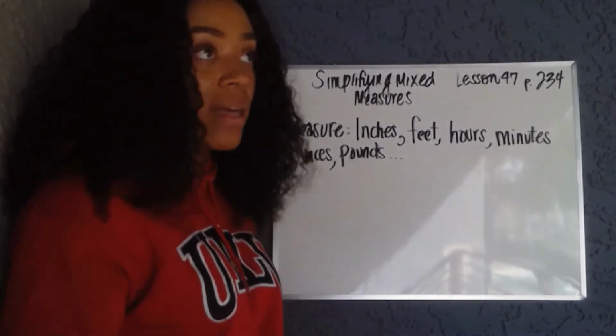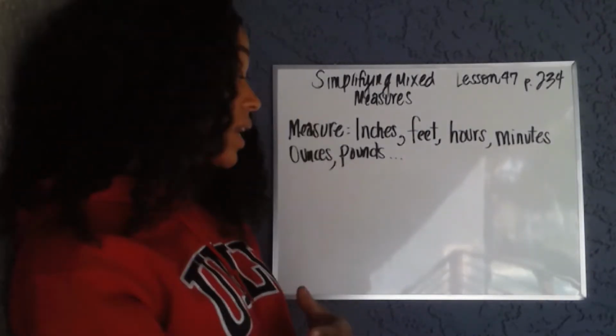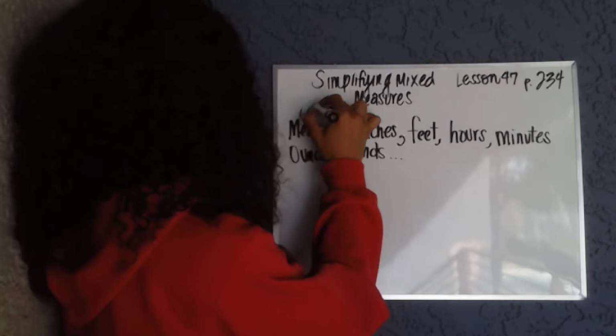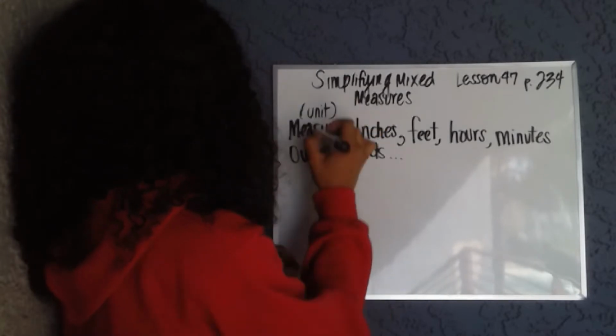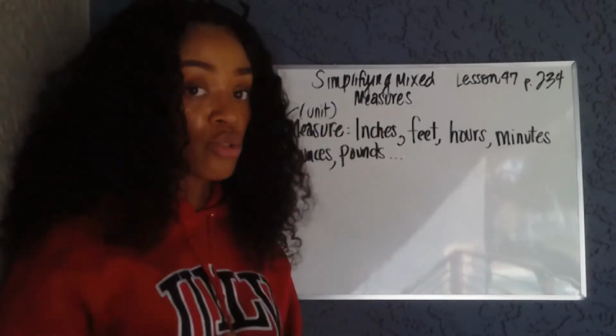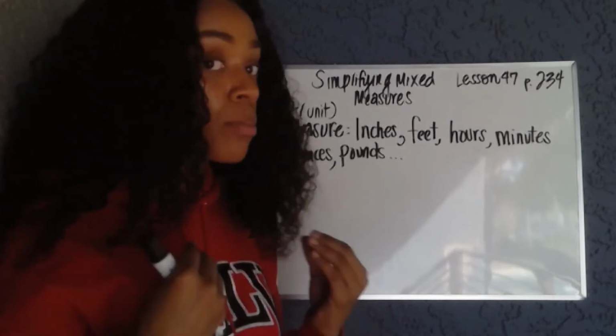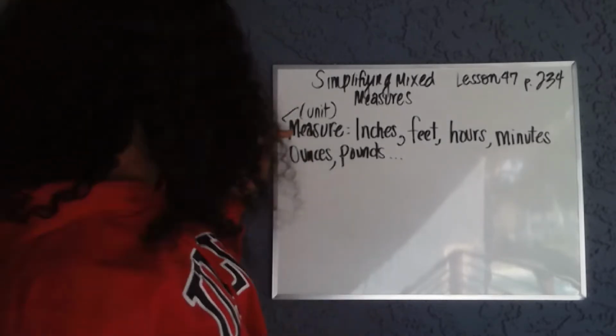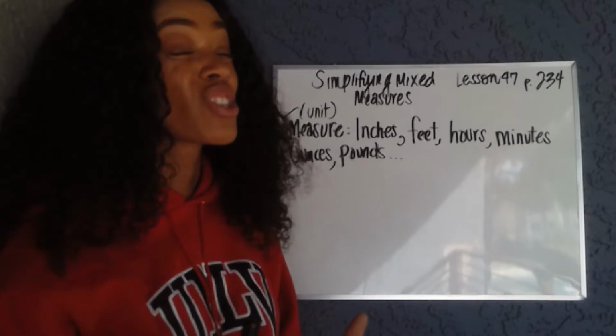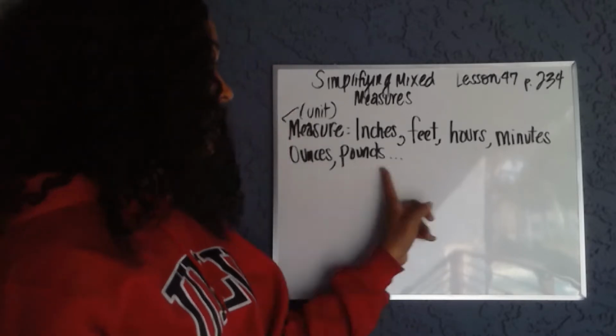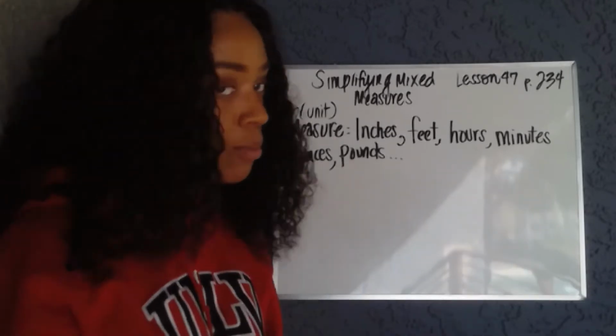Sometimes in math we use more than one unit. I'll put that up here, units. These words here, unit and measure, are sort of interchangeable. So you'll see your book use either unit or measure to describe the same thing. So these are plenty of examples, and there are so many more.